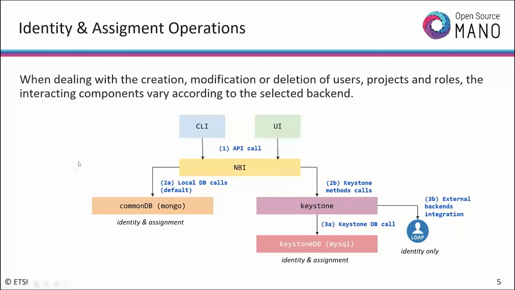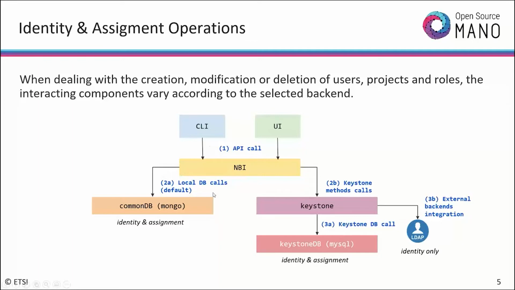So let's go to some of the operations that we could do with OSM and understand the different modules involved. For instance, identity and assignment operations: creation, modification, deletion of users, projects, roles, etc. There is nothing here related to instantiation, VNF operation or configuration, so that's why you don't see LCM, RO, VCA.